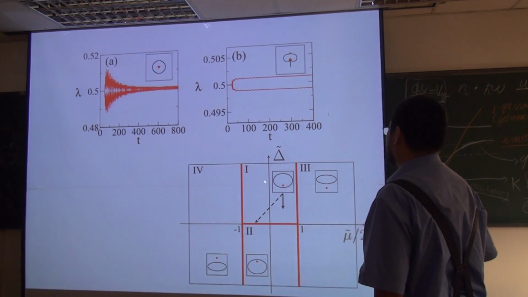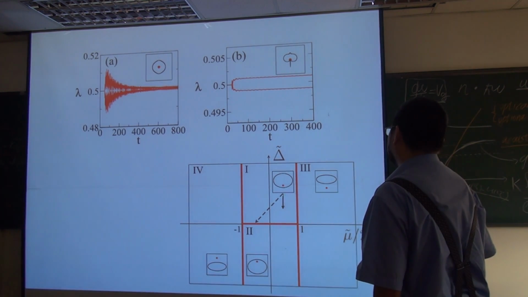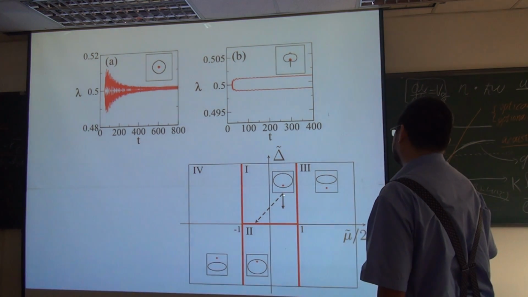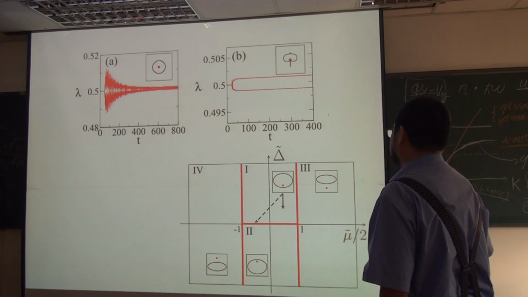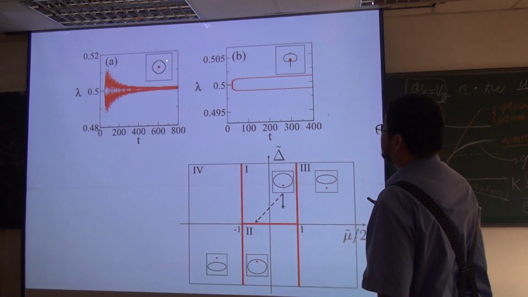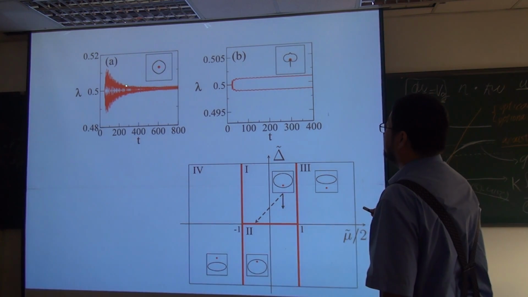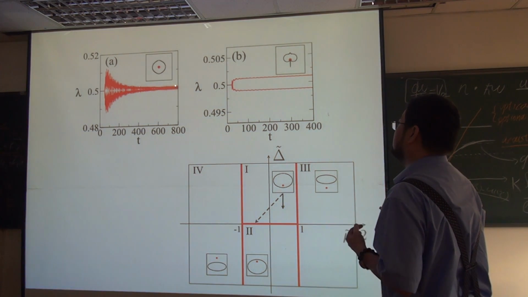One situation is that you can prove that the Berry phase will still be 0 in this phase. But if you are very close to the phase boundary, you will find, however, the effective R will encircle the origin, and then the Berry phase will again be pi in the infinite time.